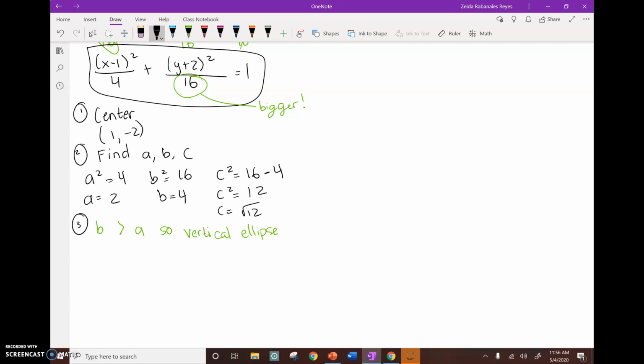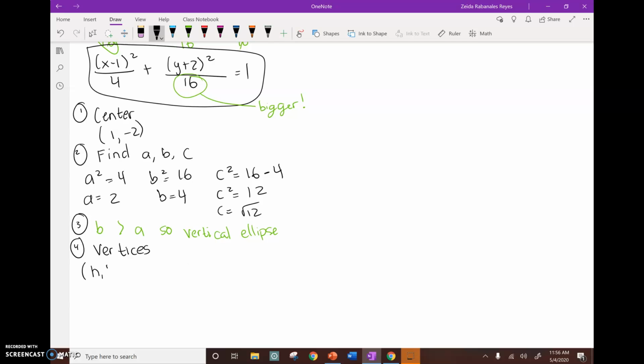So then that means that for the vertices, I am going to add to my k because I want the vertices to be on the vertical line.